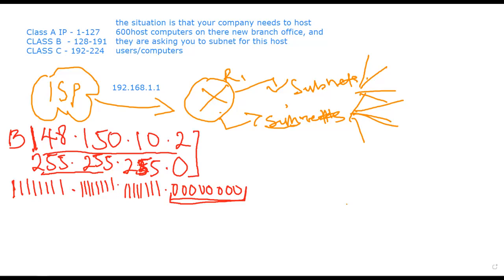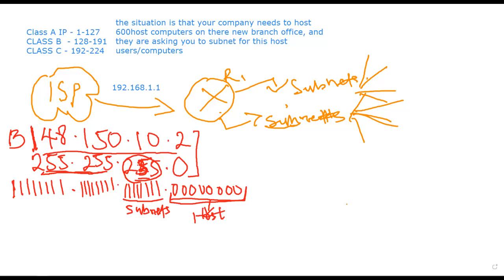Because it is a class B, and the class B is only for 16 bits, which covers the first two octets, this 255 is totally free for us. Which means that this 255, 1s times 8, gives us the subnet, and the zeros give us the hosts in this network.